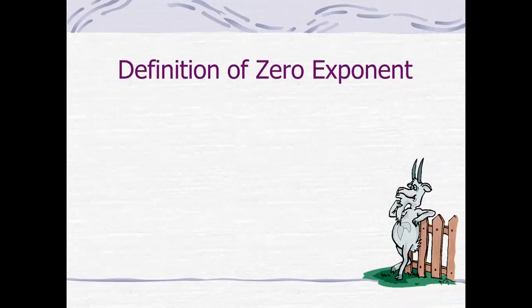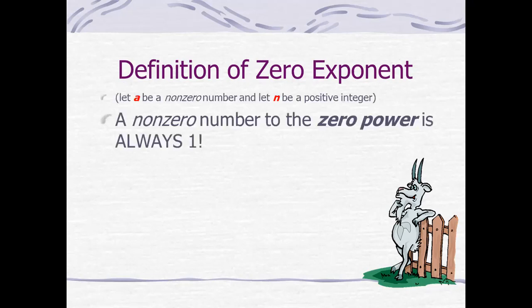I just inserted this one, the definition of a zero exponent. And if you remember, I always said any base, any number raised to the power of 0 is equal to 1. I am emphasizing this because it is very important.